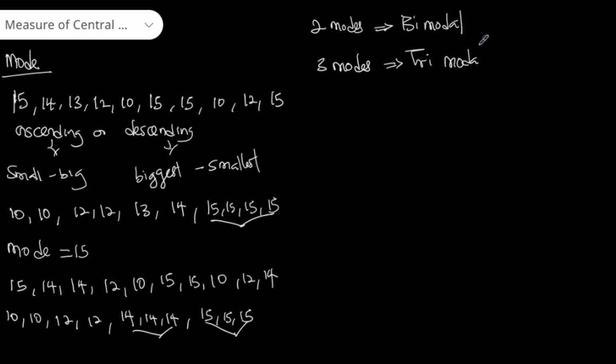Don't stress yourself. Once it has more than 3 modes, it is called multimodal. So there can be more than one mode in a set of data.